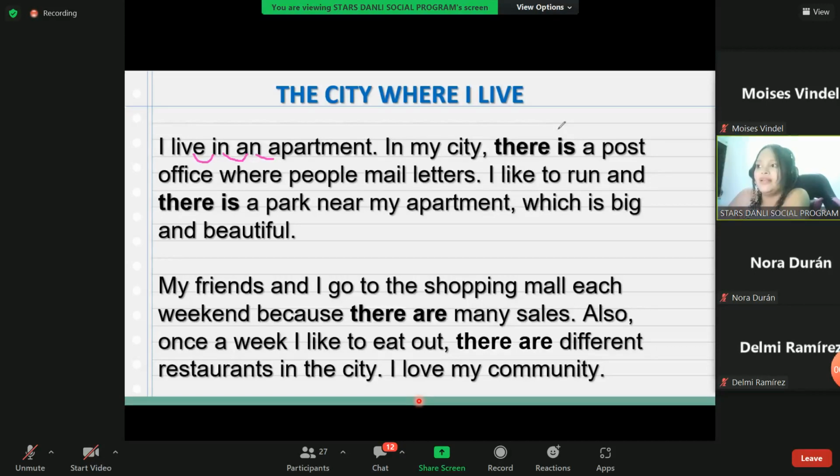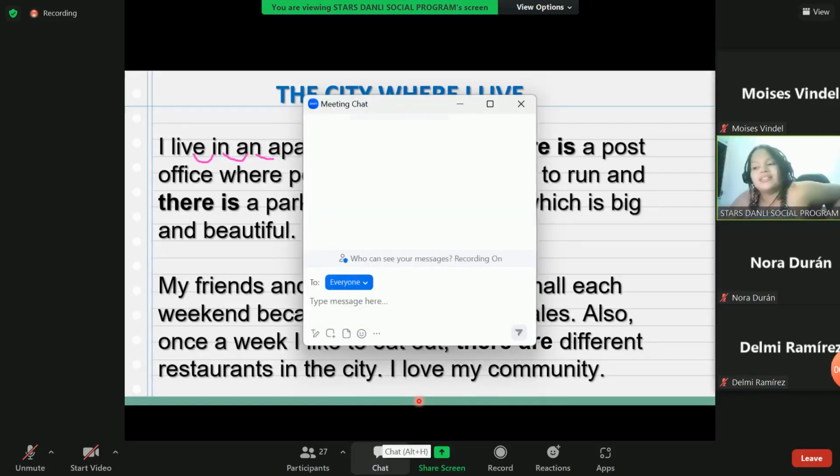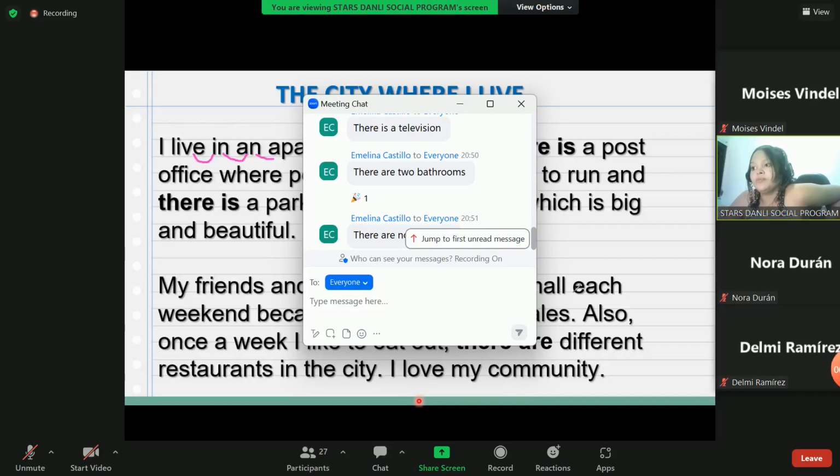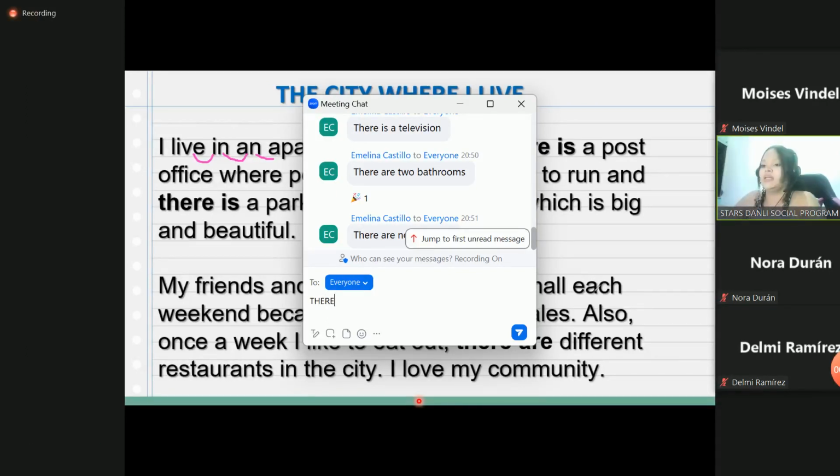In my city, there is a post office where people mail letters. I like to run, and there is a park near my apartment, which is big and beautiful. My friends and I go to the shopping mall each weekend because there are many sales.